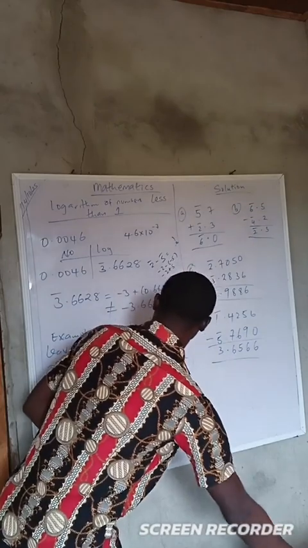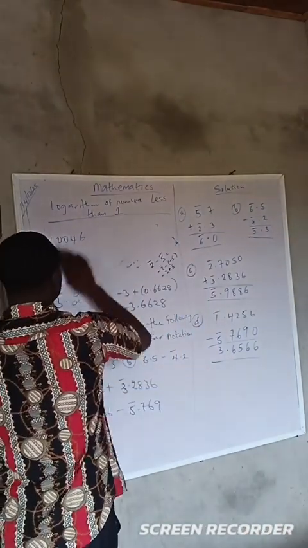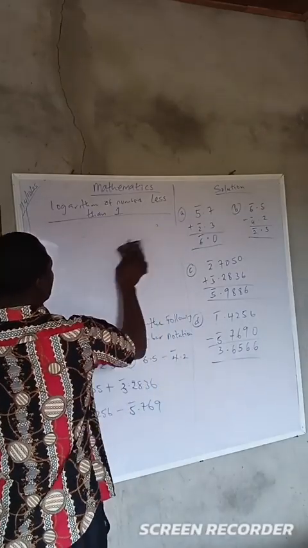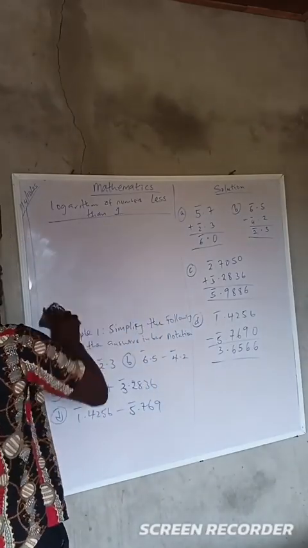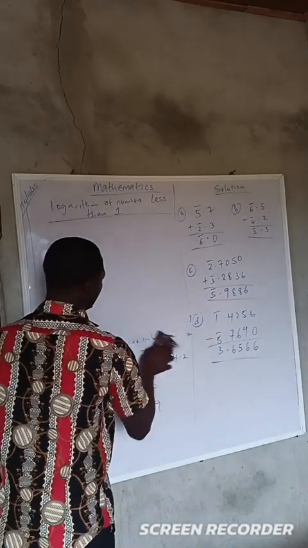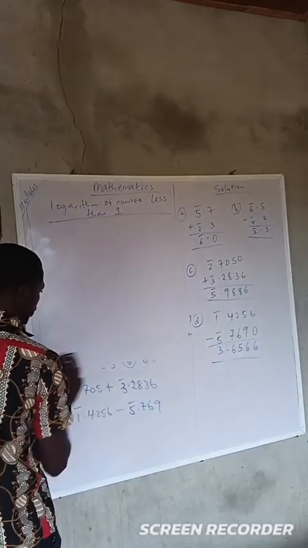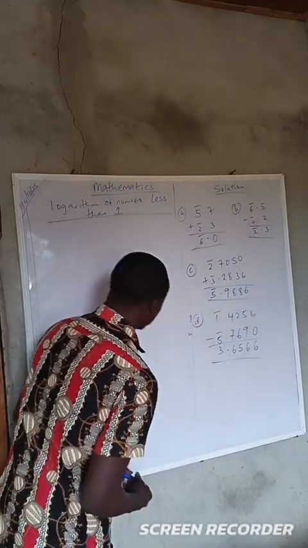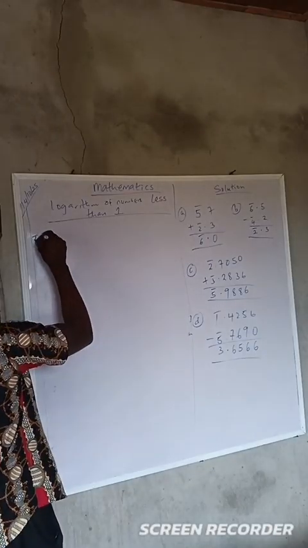Now, let's take example 2. This example 2 will involve the simplification on multiplication and then division. I've done addition and subtraction. So we are doing multiplication and division now. So example 2.